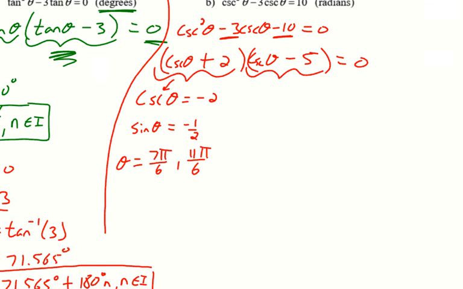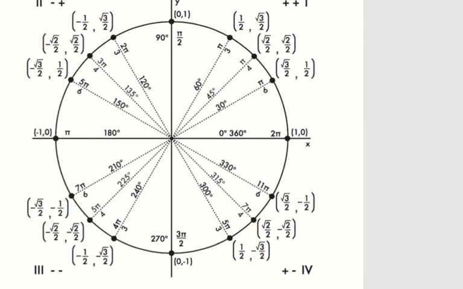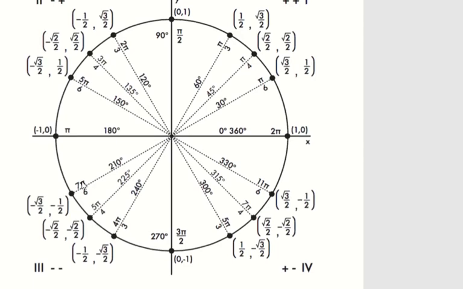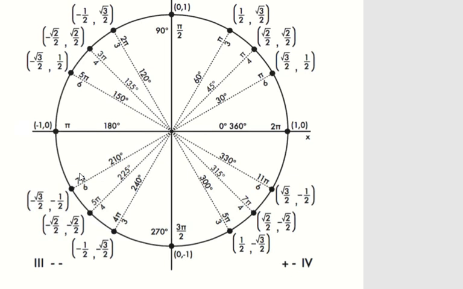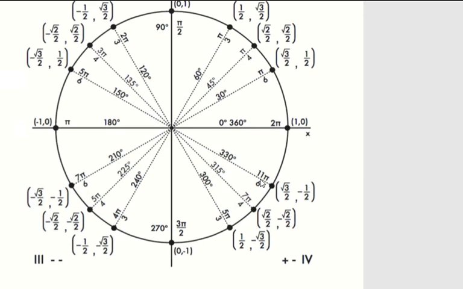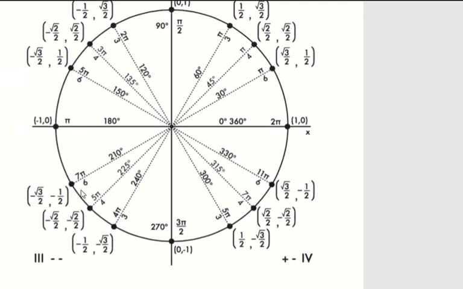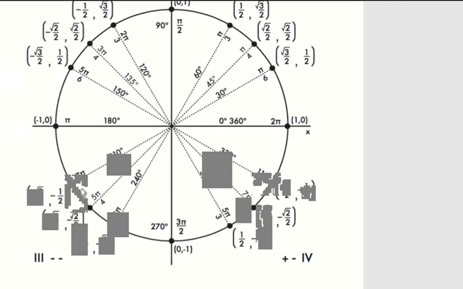So we're actually going to split this into two answers. This 7 pi over 6, I don't have a good way of saying 7 pi over 6 and then plus something to get me to 11 pi over 6. So I'm going to say 7 pi over 6 plus 2 pi to get my next one.